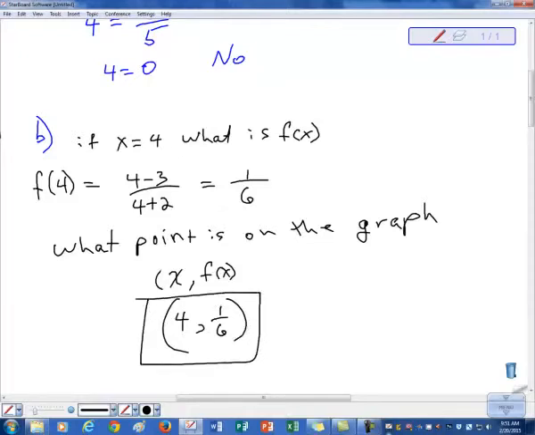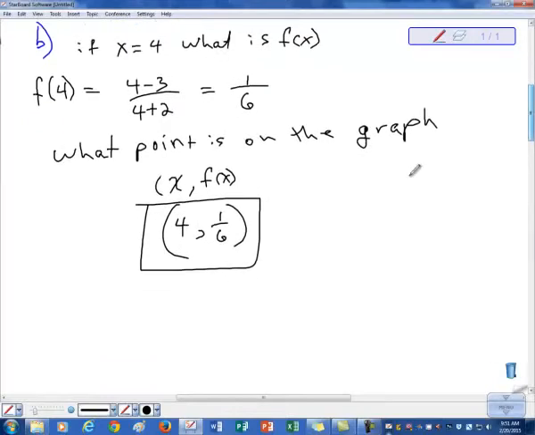Okay. Alright. Part C. If f of x is equal to 2, what is x?